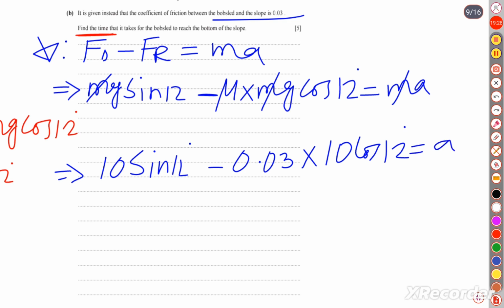We need the acceleration, as I explained initially. For applying the suvat formula to get time, acceleration is essential. So first of all we have to find the acceleration.